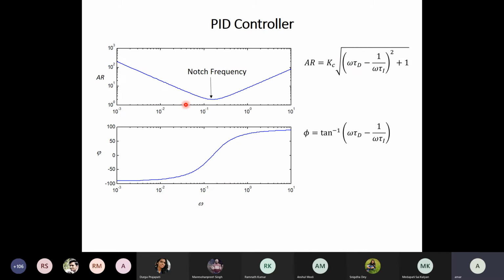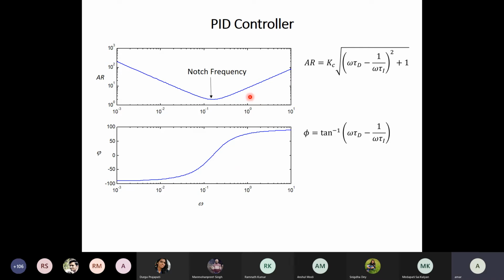In case of a PID controller, you have got the integral action and the derivative action. Now here the derivative action is also augmented with the proportional action. But since tau d s is varying, this value is increasing as the frequency progresses.